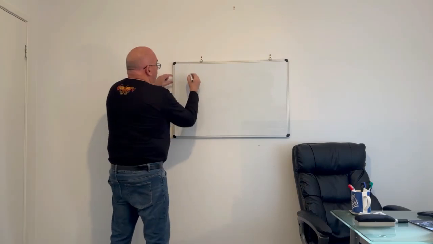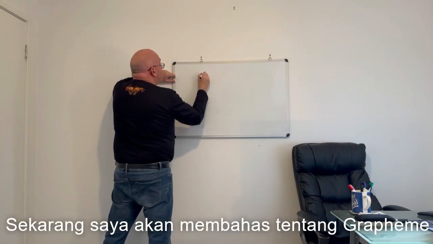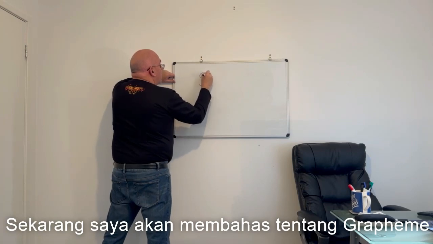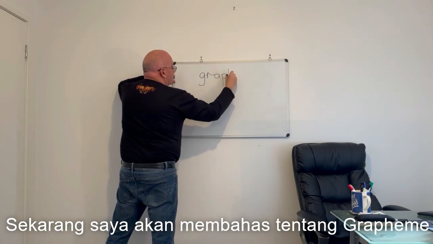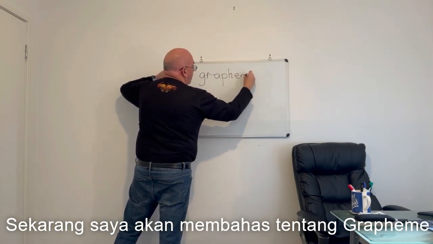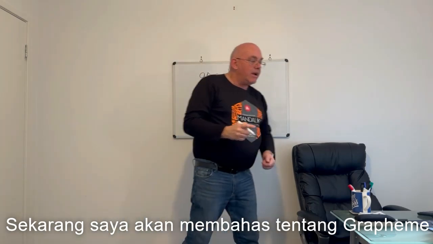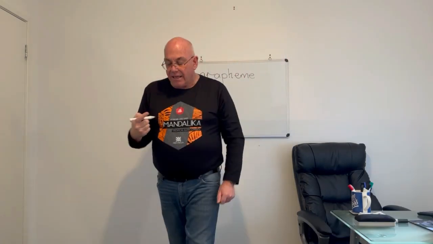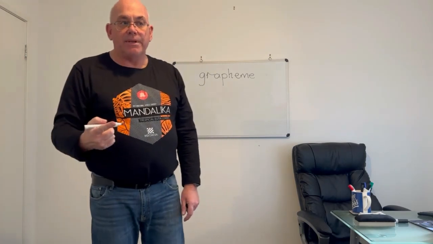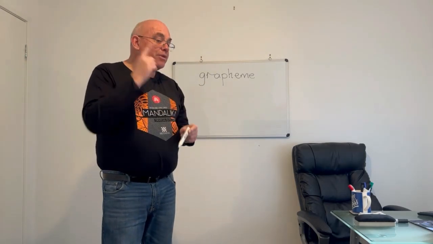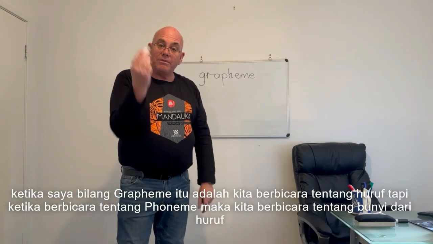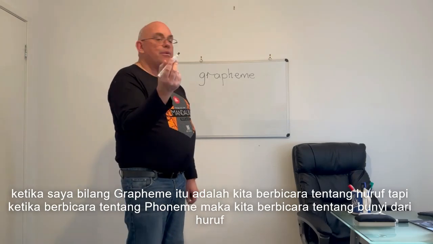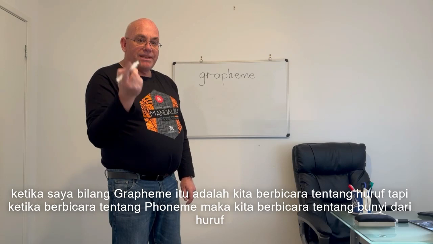But I want to talk about something else, and that's a grapheme. A grapheme is the way that we write a phoneme. So when I'm talking about phoneme, I'm talking about the sound. But when I'm talking about grapheme, I'm talking about writing. How we write the phoneme in a word.